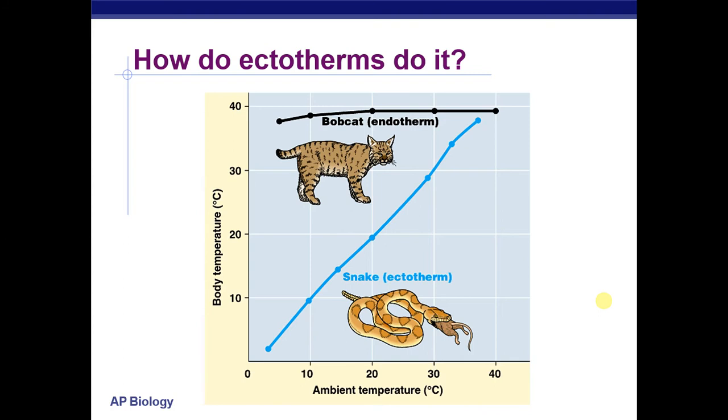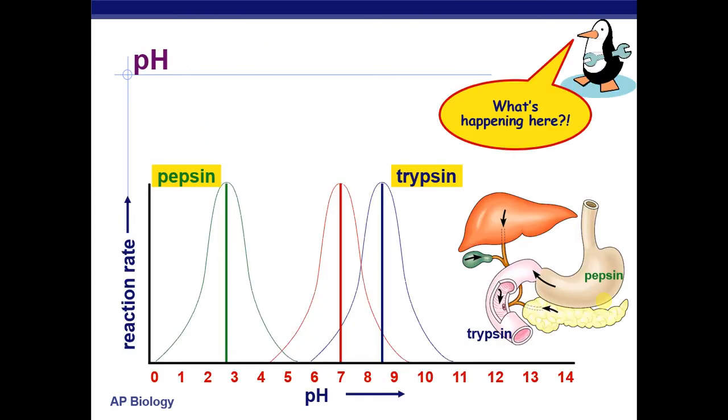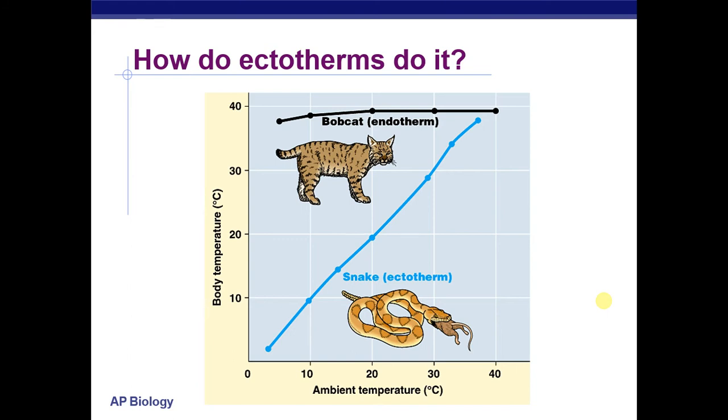But how do things like snakes do it when their body temperatures change depending on the outside temperature, or the ambient temperature? Wouldn't their enzymes, when it's cold, be going way, way too slow to support life? And wouldn't they all get denatured if they're out somewhere when it's hot?